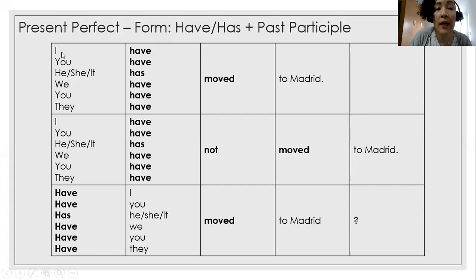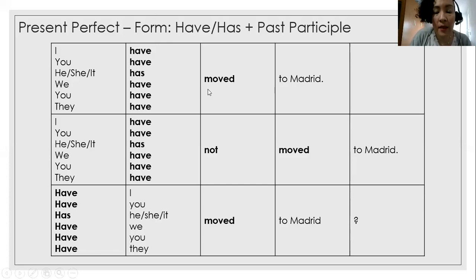For example, I have, or she has, okay, or they have moved. Moved means to change house to Madrid. Move is a regular verb, okay? So it has the ed ending as the past participle, okay?